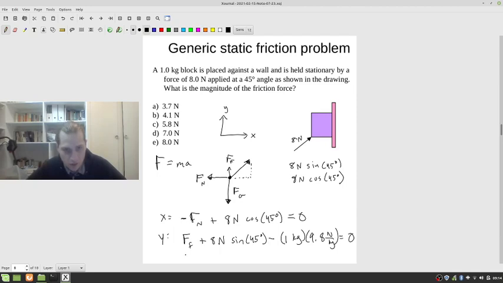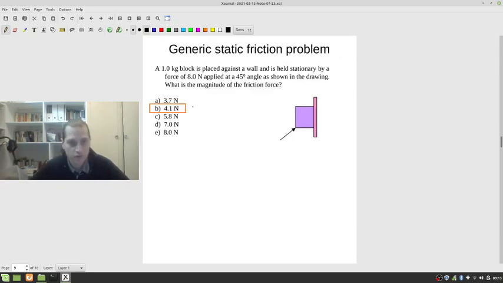And so if you notice, right here you can solve for the force of friction. If you do that, you should find that you get 4.1 newtons. So I encourage you to try it. These class problems are good practice problems to make sure that you're getting the right answer before you forge ahead to the homework problems.